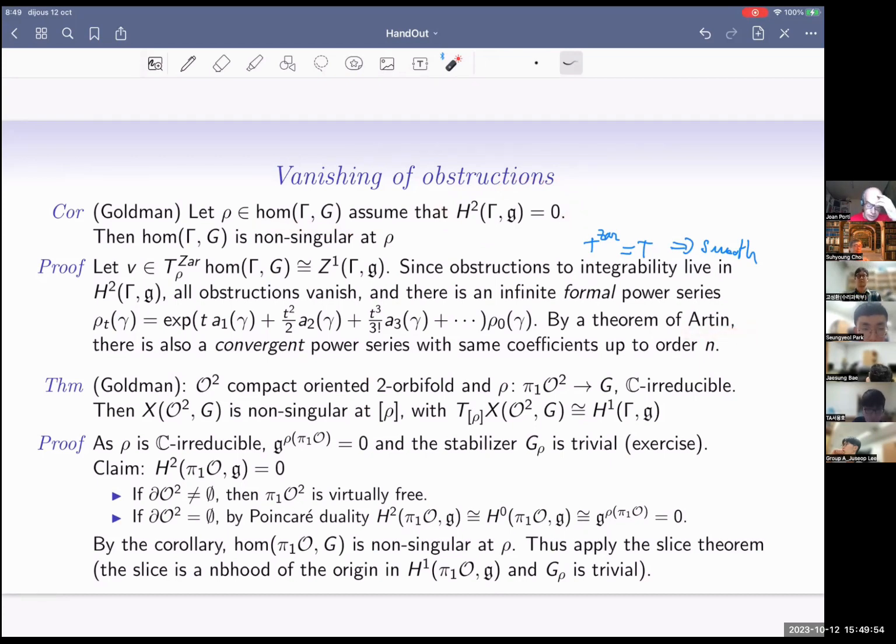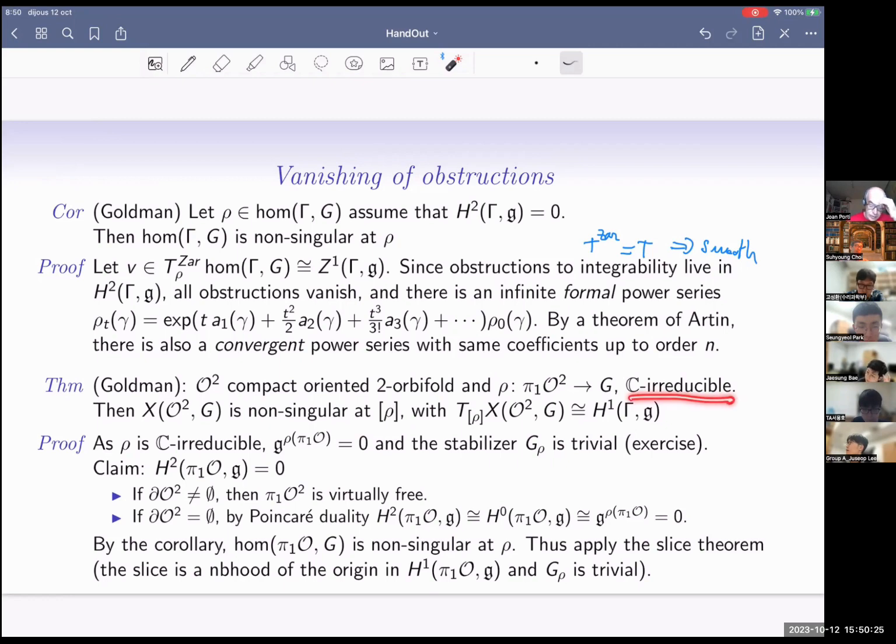So let's do it for surfaces or for compact oriented two-orbifolds. Take a two-orbifold and take a representation in SL(n,R) that is not only reducible but say irreducible, on C tensor R^n, and assume that it's irreducible.